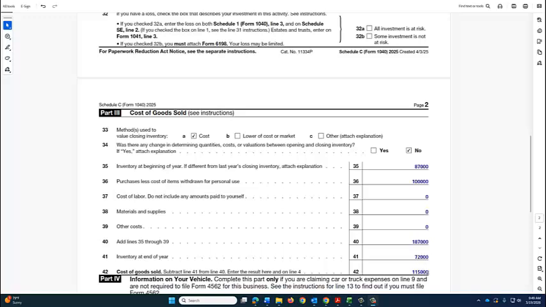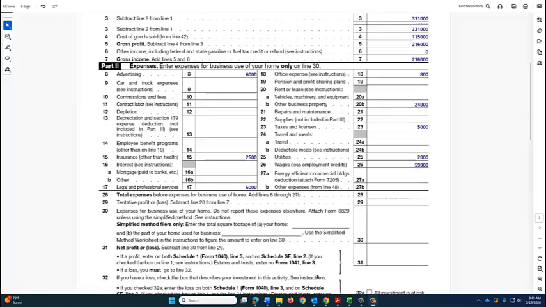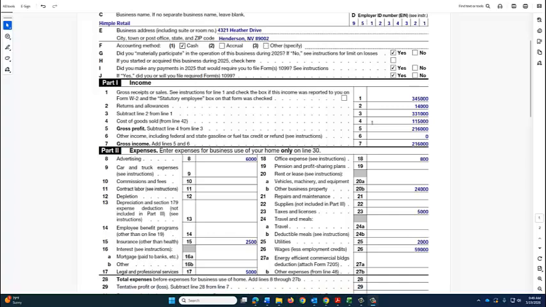That was her cost. So she had $187,000 to sell. She either still has it or it got sold. So we know how much she still has, so we can calculate the amount that was sold. And the $115,000 cost of goods sold, we're going to just come back up here and enter on line 4.